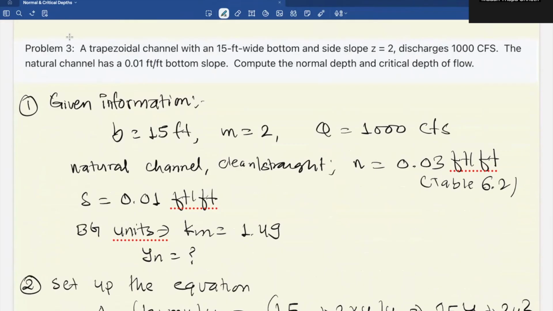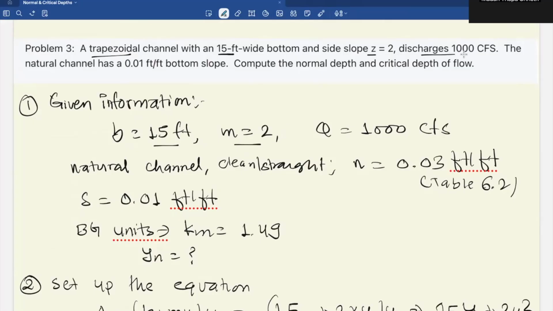It is a trapezoidal channel and it has units of the BG system, that is in feet. The width of the channel is 15 feet and the side slope is equal to 2, that is, we can use m as 2.